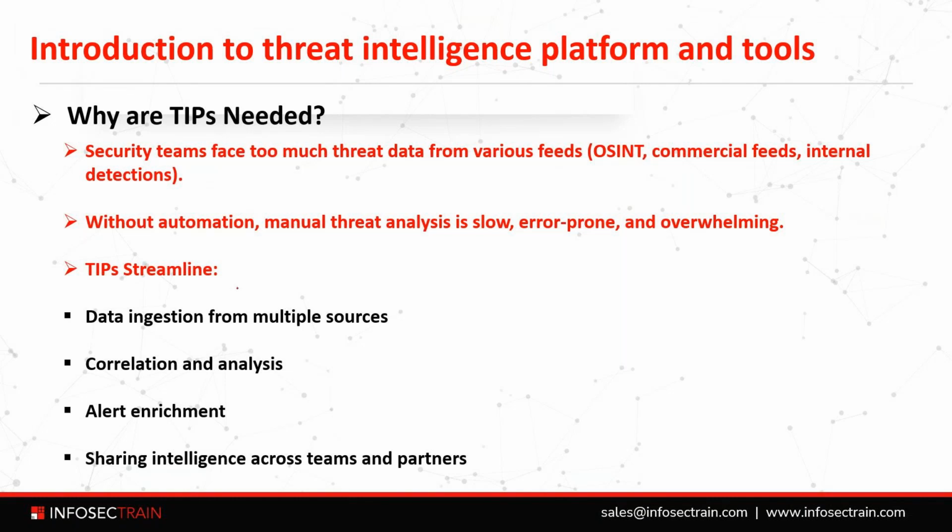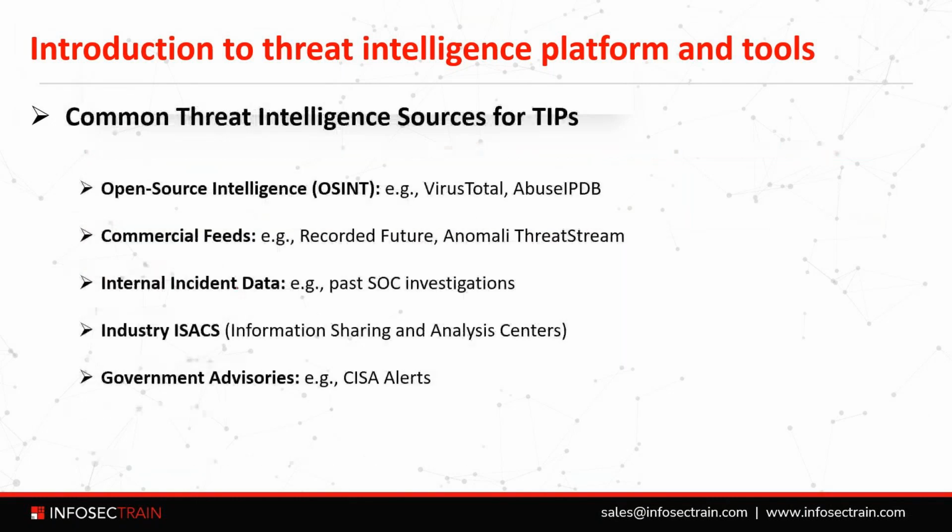Okay, so common platforms are there again: open source, commercial, and free feeds, incident data, past SOC investigations. Industry ISACs, information sharing and analysis centers, are also there, where you share between trusted partners within the same industry, and government advisories like CISA alerts.